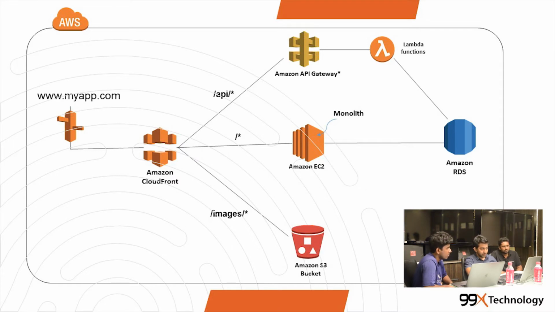Now serverless is for new features and monolith is for all features. Now there is this S3 that we can plug into our CloudFront as another URL. You can see how easy it is to plug in this S3. For example, previously we had all these images and videos on our instances themselves, on the EC2 itself.